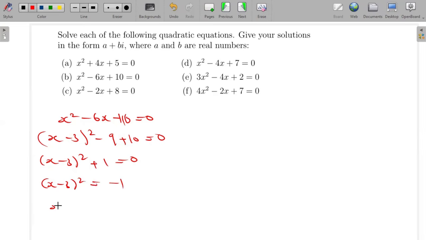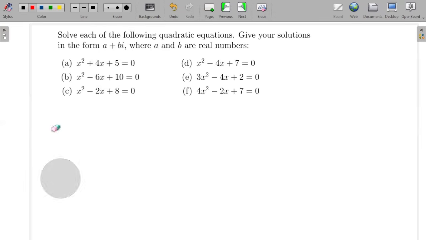Take the square root on both sides, you get 3 there, plus minus root of negative 1, which is just i. So x is equal to 3 plus minus i, which are the values you're going to get. One will have a negative, the other one is going to have a positive.